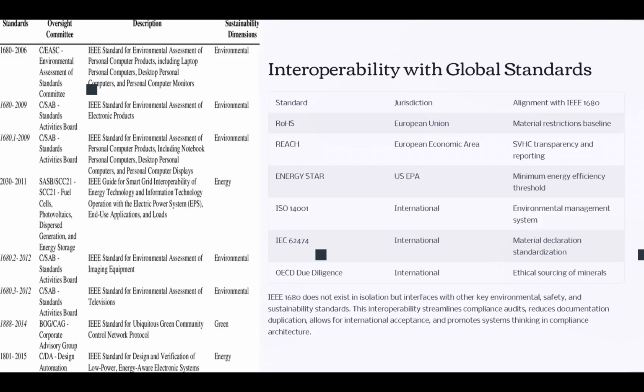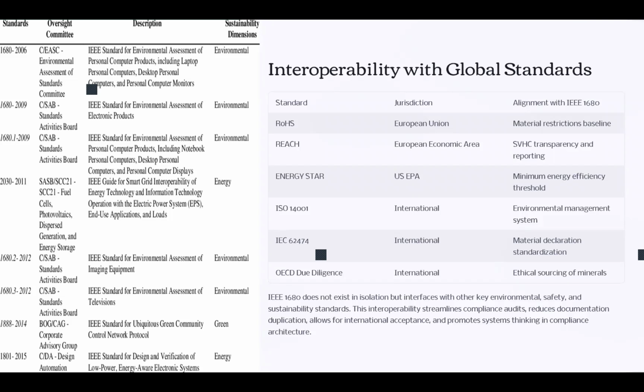For energy efficiency, IEEE 1680 references the Energy Star benchmark. So if your product is Energy Star certified, that checks off a big chunk of energy requirements. There is ISO 14001 that comes into play as well.